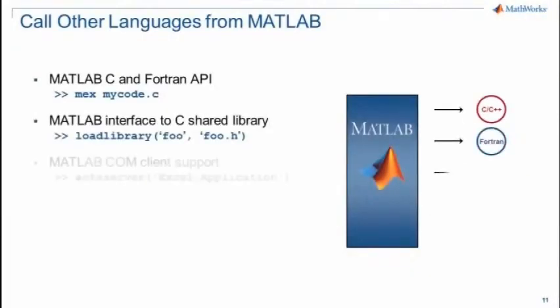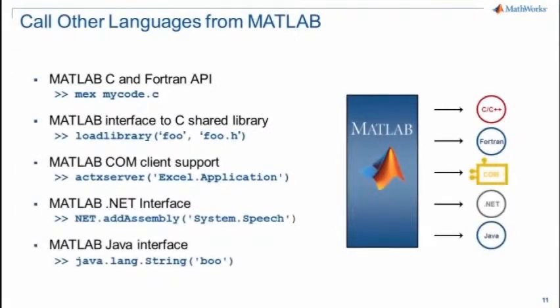So rather than have other languages call MATLAB, have MATLAB call other languages. So C, C++, Fortran, COM, .NET, Java, all of these languages can be called from the MATLAB interface. As an example, if you have a C shared library, something like a DLL, then you can use the load library function along with the header file to bring that function into MATLAB so that you can call that code.